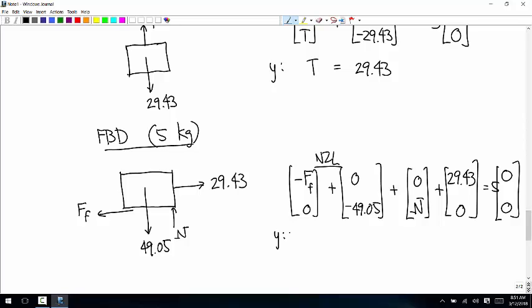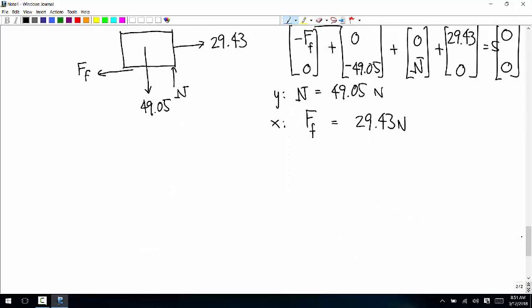The y equation says N is equal to 49.05. The x equation says the force of friction is 29.43. So that's what's required for this to stay at rest.